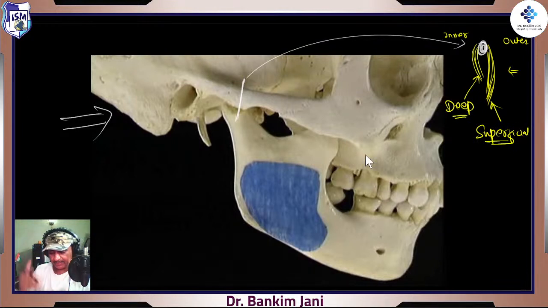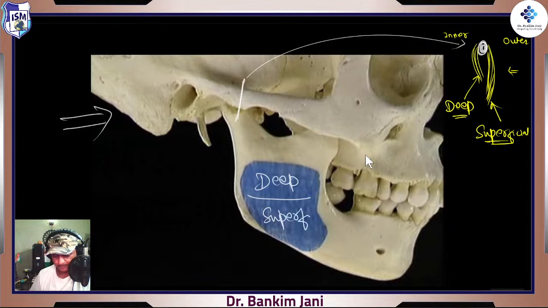But all of them, they are landing onto the ramus of mandible. So that's where it comes like this. These are where the deep fibers will be landing. These are where the superficial fibers will be landing. So superficial fibers, they are from the outer aspect, deep fibers from the inner aspect, and they will be coming over here. And this is angle of mandible, correct?